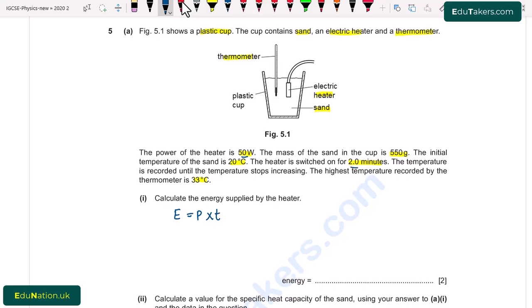We have to convert these minutes into seconds, so we multiply it with 60. 2.0 multiplied by 60 comes to be 120 seconds. So I'm going to put in the values here. P is 50 watt multiplied by 120 seconds and energy comes to be 6000 joule.